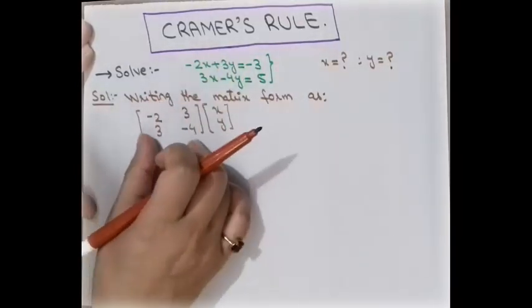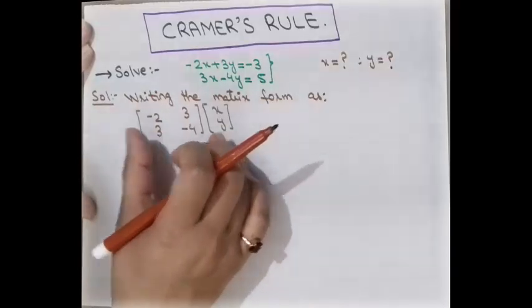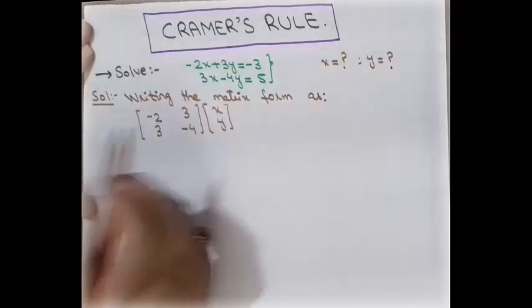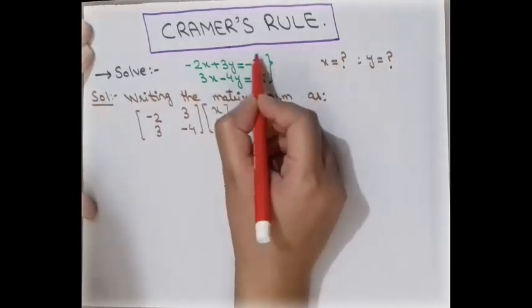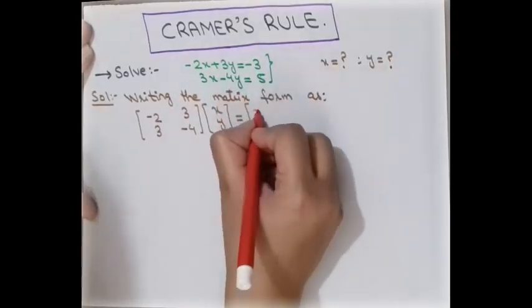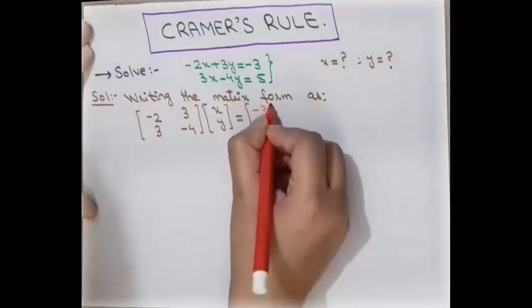If you multiply these two matrices, you get back these equations, which equal the constant terms of the above equations, -3 and 5.